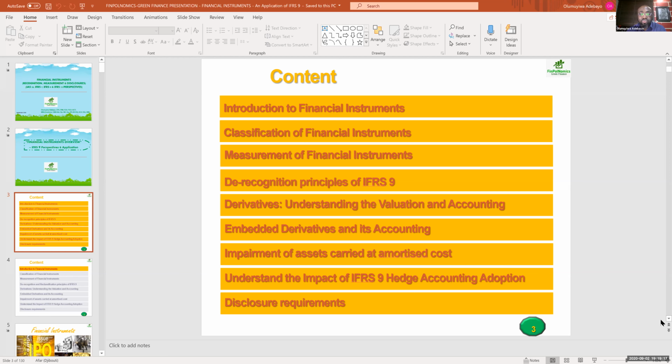Now, when we try to break it down into a simple form, what do we mean by financial instrument? The word instrument makes it look like something mechanical. But when we talk about financial instrument, we are only using the word instrument to represent the form of a financial transaction evidenced by certain contracts between 2 or more parties, usually 2 parties in this case.